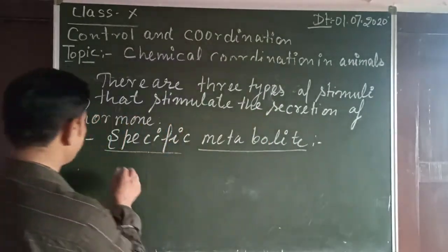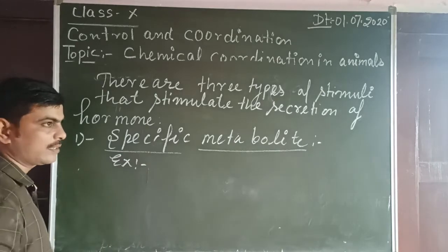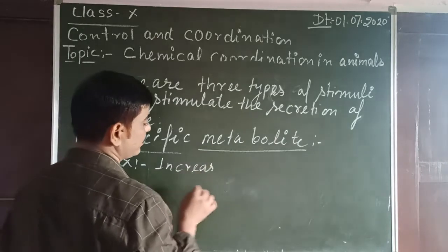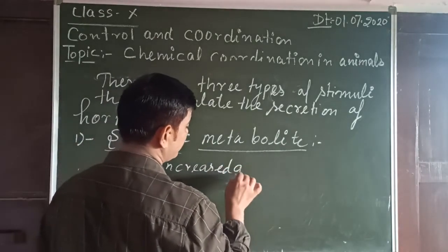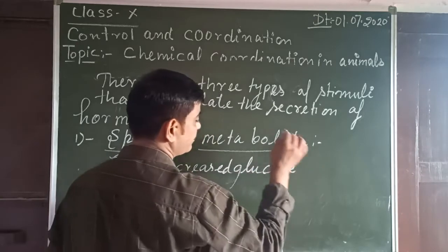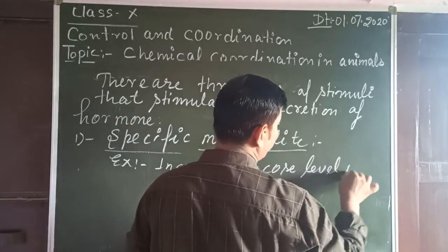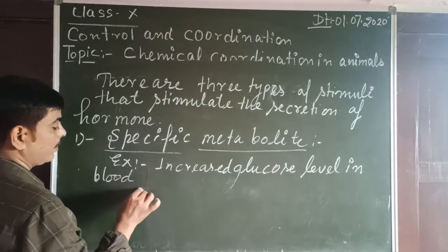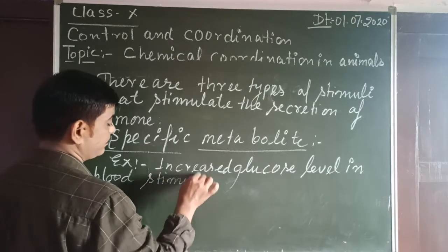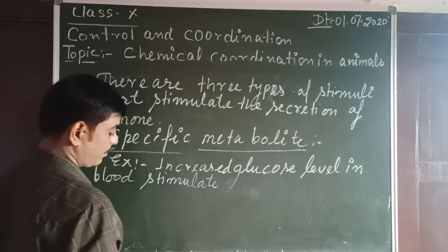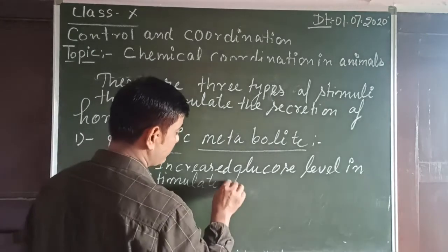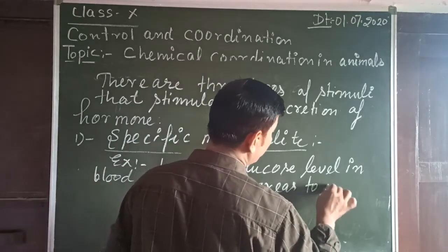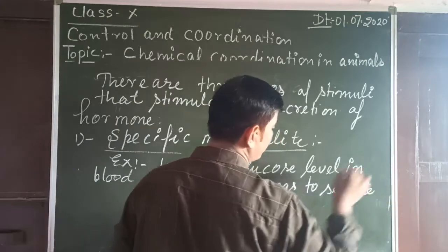Okay, you can take here an example: increased glucose level in blood stimulates the pancreas to secrete which hormone?